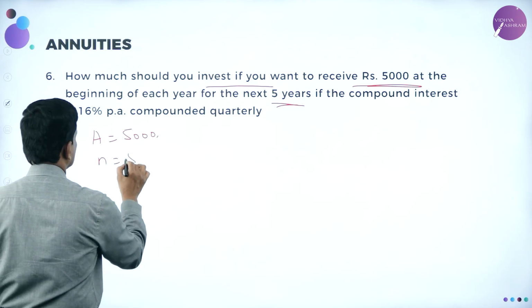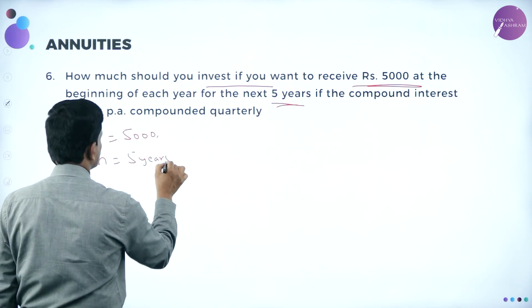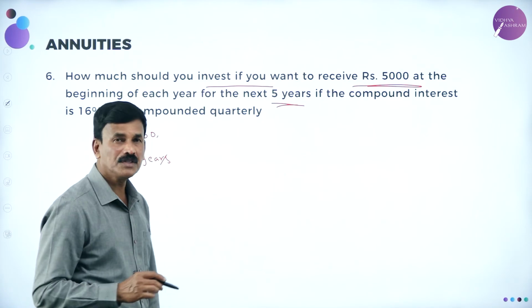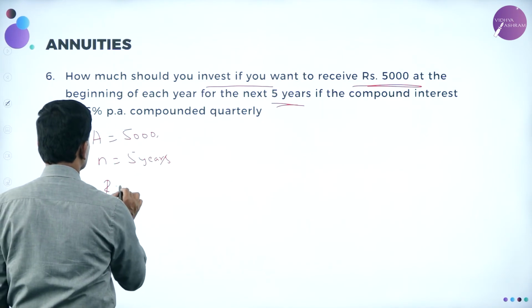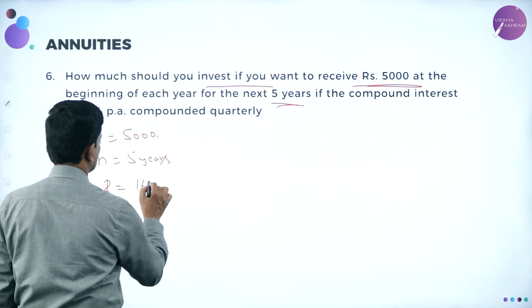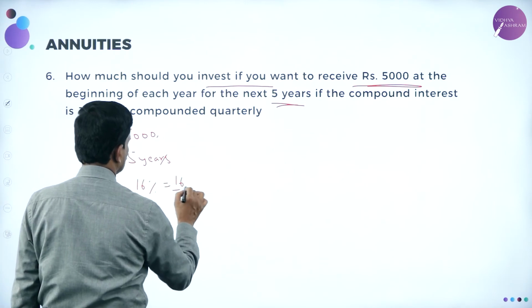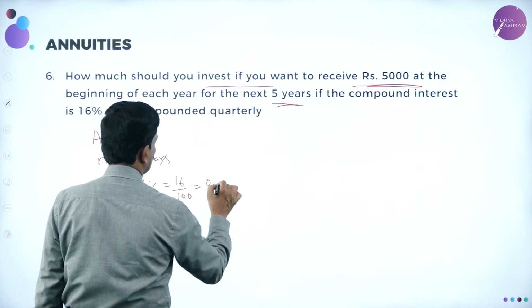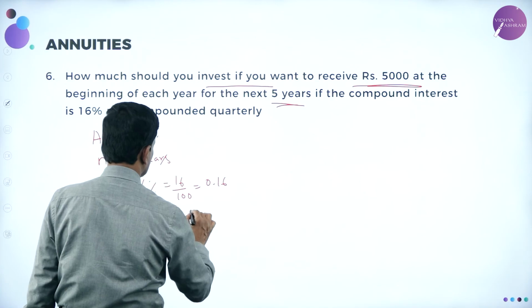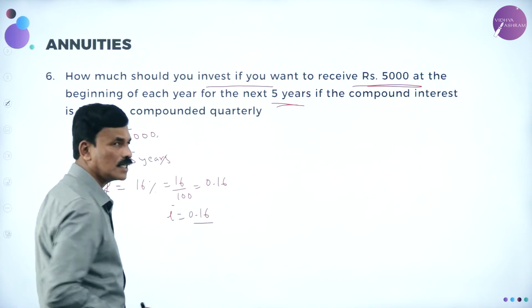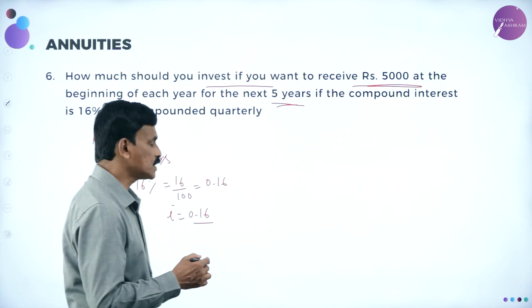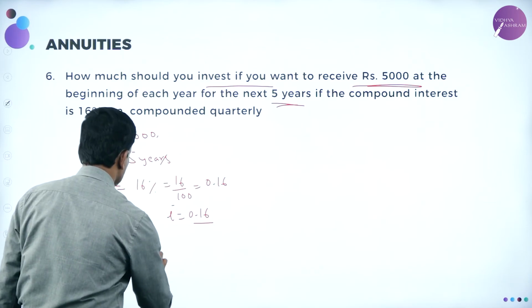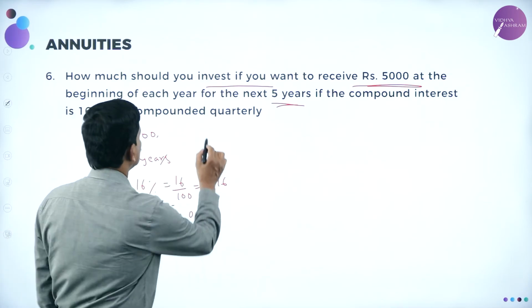Number of years is 5. The rate of interest is 16%, that is 16 divided by 100, so I is equal to 0.16. And Q is equal to 4, compounded quarterly.